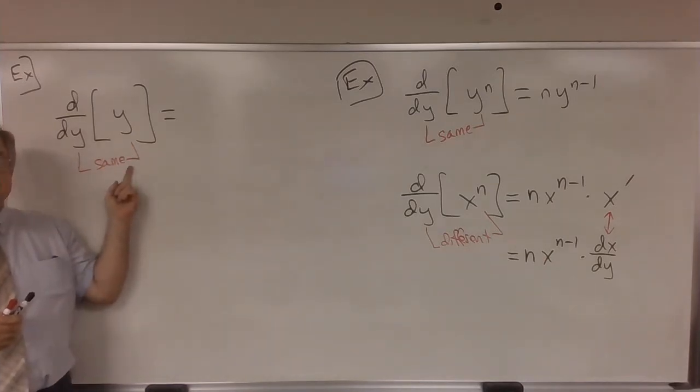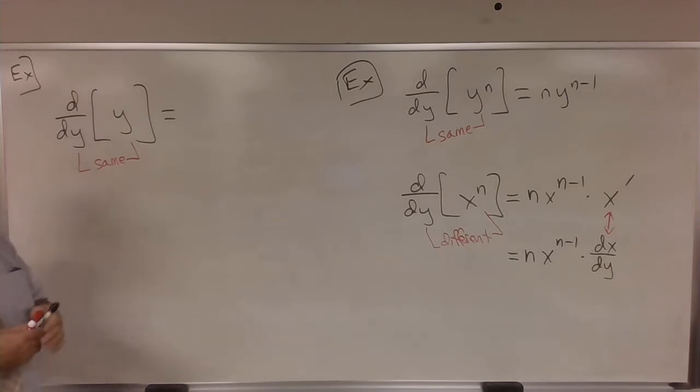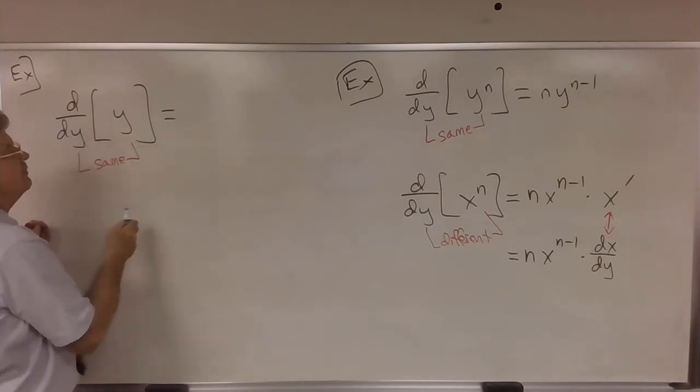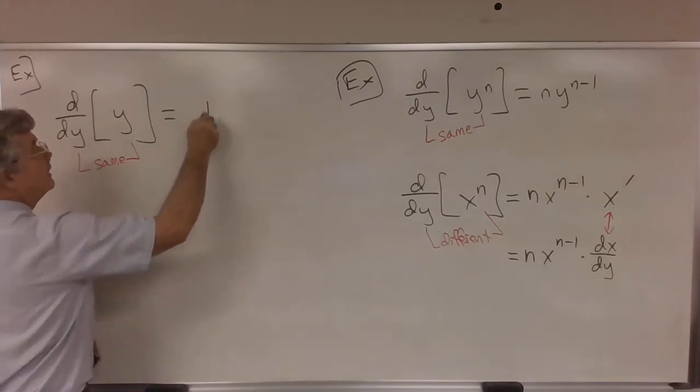So what do we consider y to be? Just a variable and nothing more. So this is the derivative of y, or y to the first. We're going to get 1.